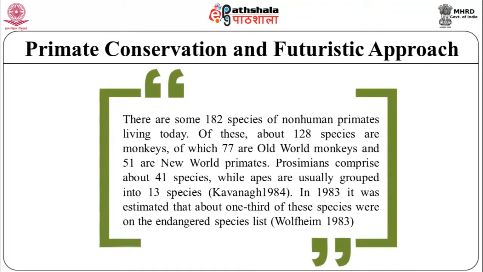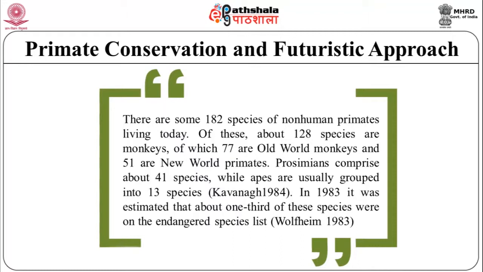There are some 182 species of non-human primates living today. Of this, about 128 species are monkeys, of which 77 are Old World monkeys and 51 are New World primates.